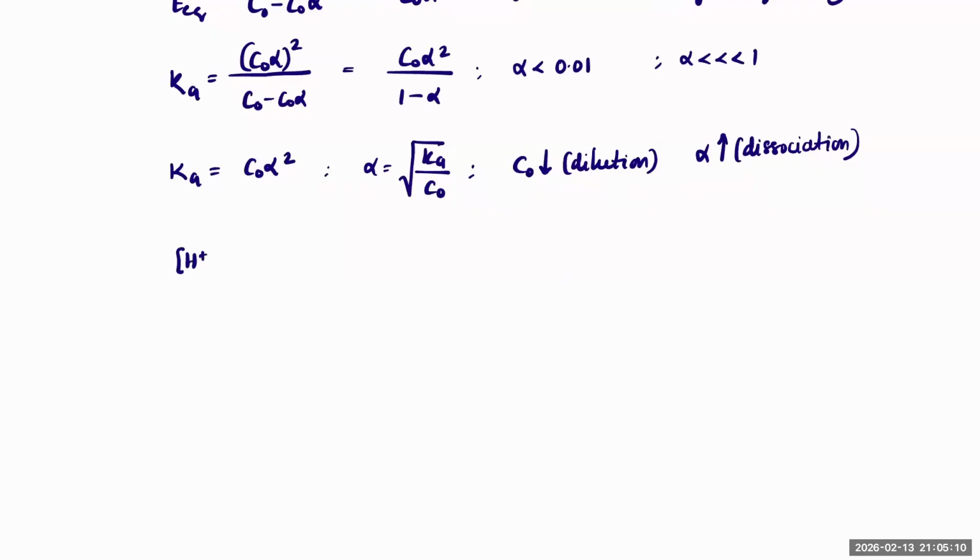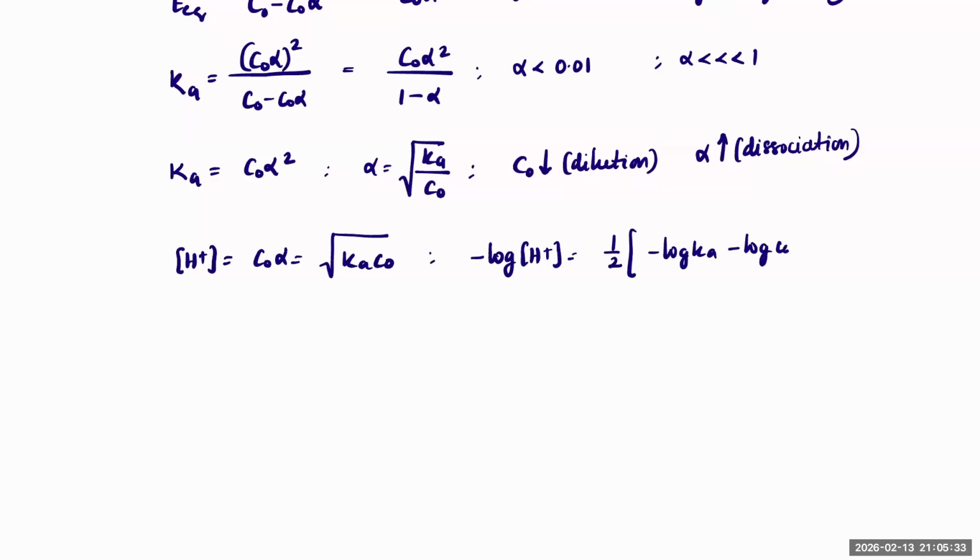And once you know how to write the alpha value, we can figure out what the H plus concentration is as well. H plus concentration is equal to C naught alpha, which can be written as under root of Ka C naught. If I take minus log on both sides, that is minus log of H plus concentration is equal to half of minus log of Ka and minus log of C naught.